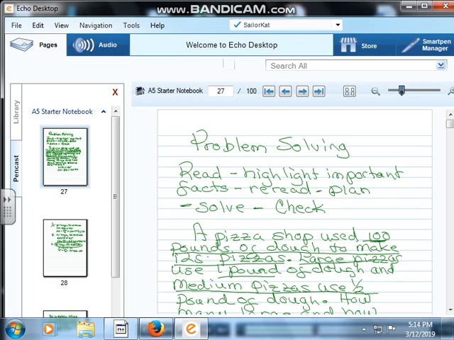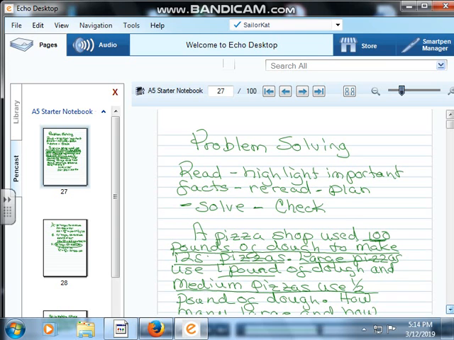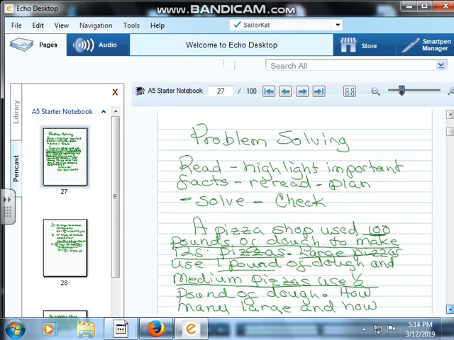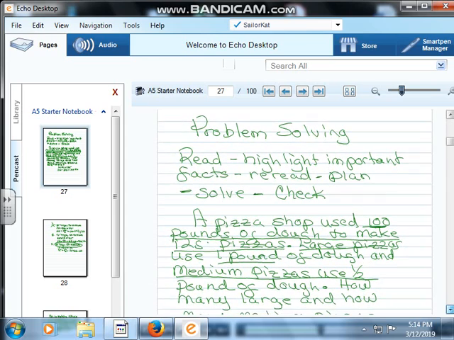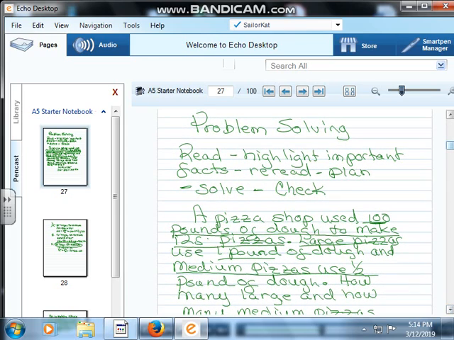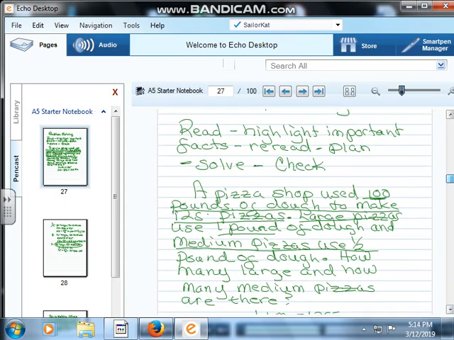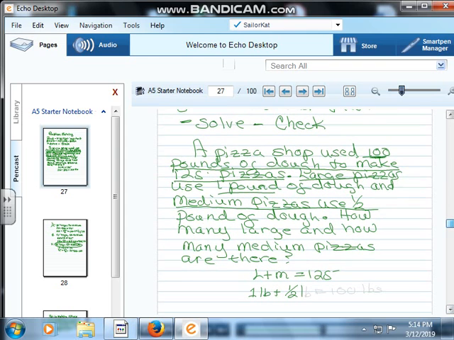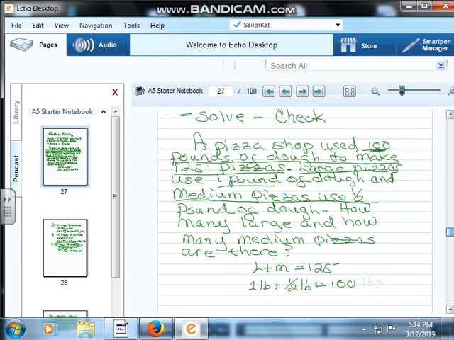So what it's telling me is I need to know how many large and how many medium pizzas are there to make 125 pizzas using 100 pounds of dough. So this I know, that the large plus the medium will equal 125, and that 1 pound of the large plus 1/2 pound of the medium is going to equal 100 pounds of dough.